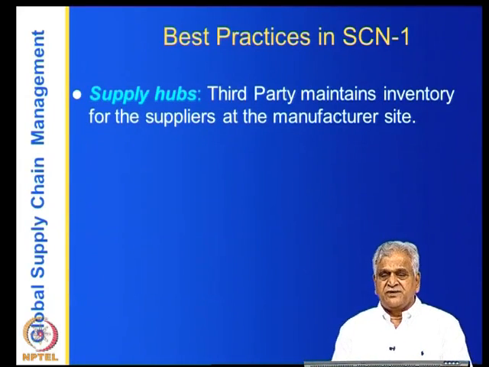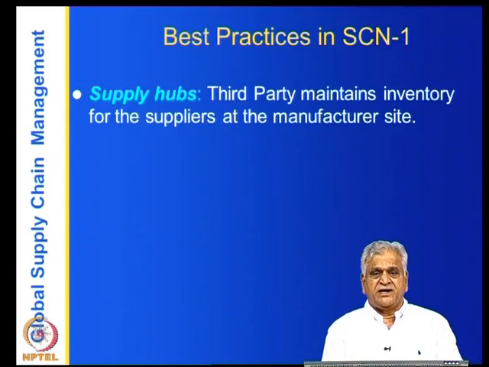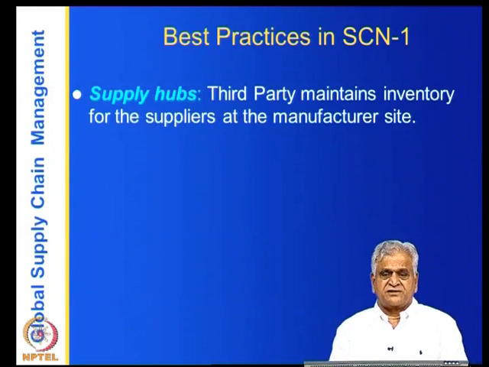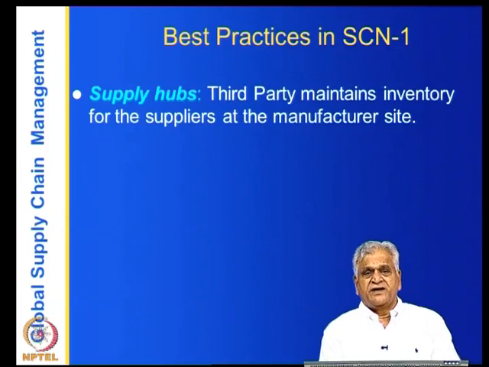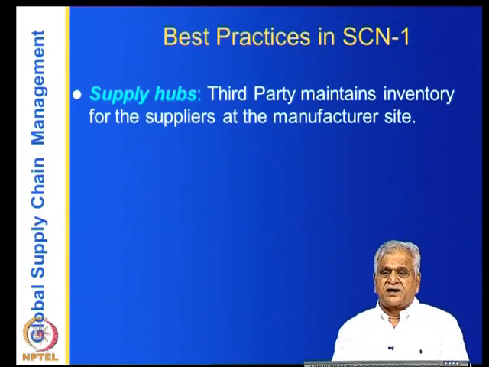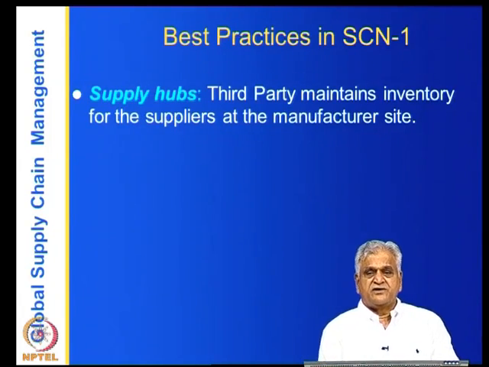Now we said that the supply chain network is globally distributed. Supposing there is a manufacturer who assembles a particular product, and the manufacturer gets various components and subassemblies from all over the world.